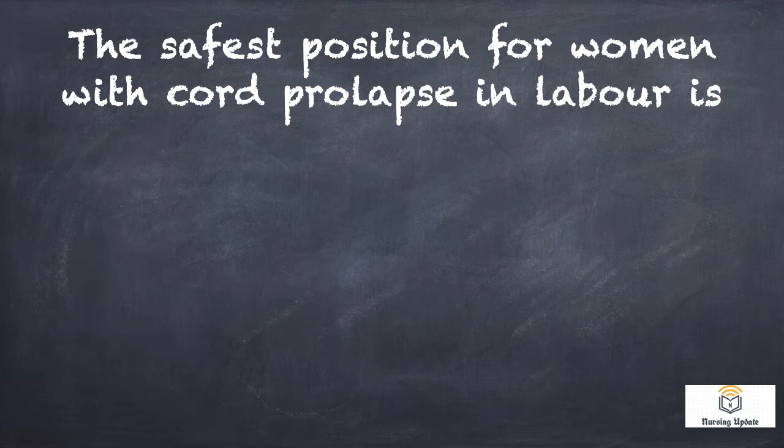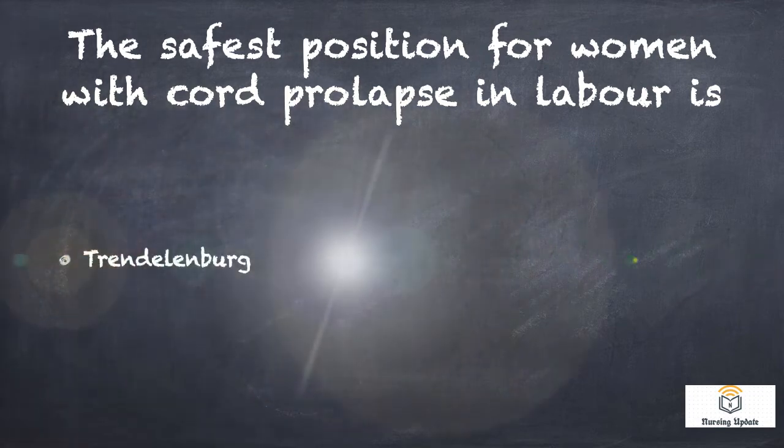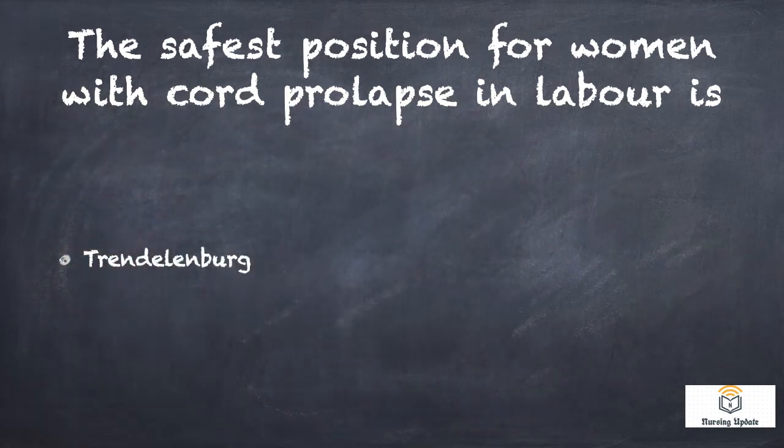The right answer is Trendelenburg. If the cord is the presenting part, you should place the woman in Trendelenburg position so that the cord won't get compressed during contractions. One of the most frequent MCQs in obstetrics position-related questions is that the position for cord prolapse is Trendelenburg position. Next MCQ.